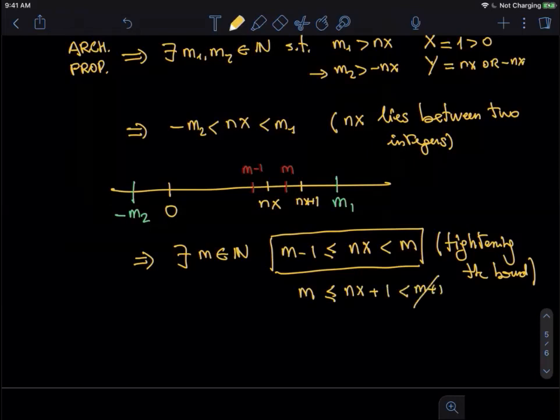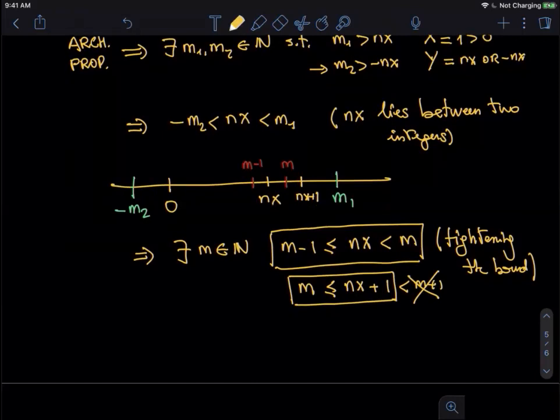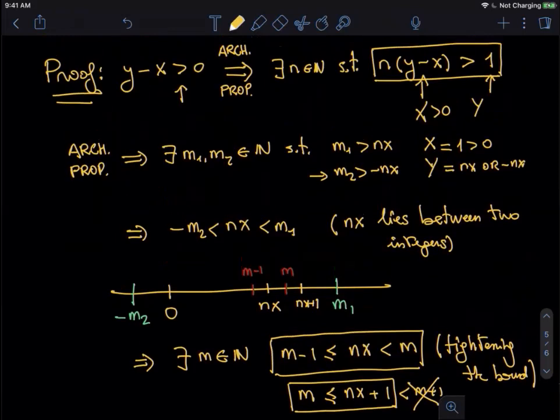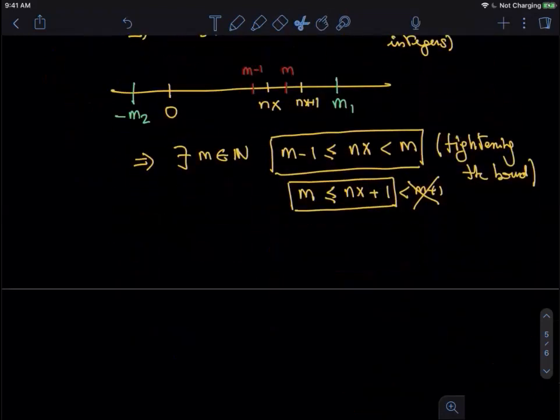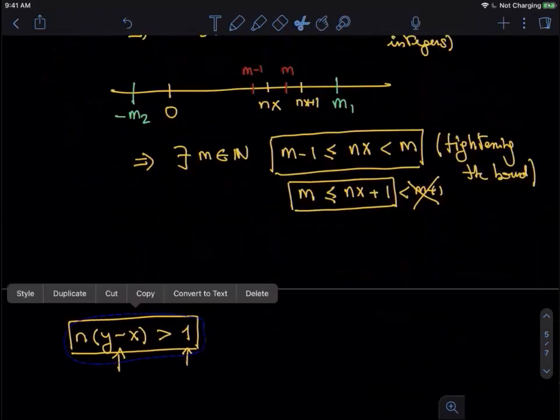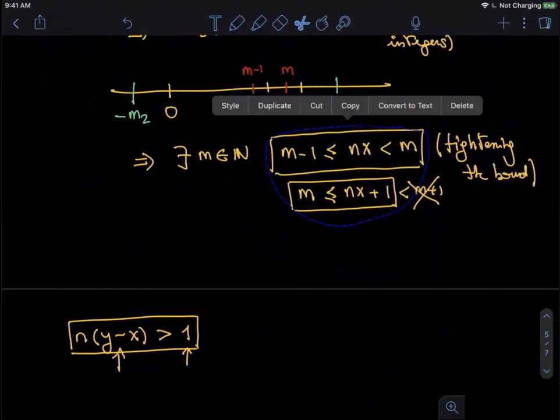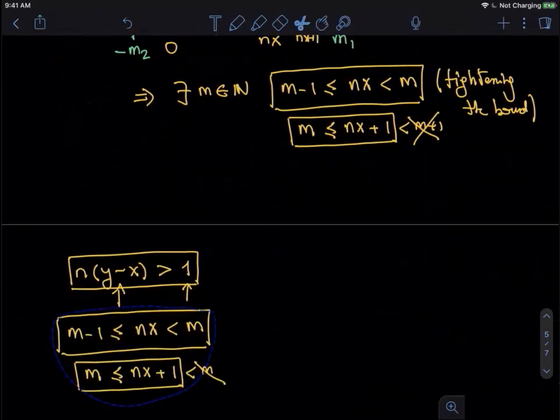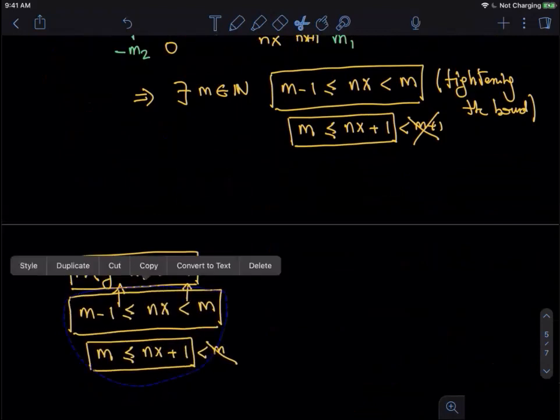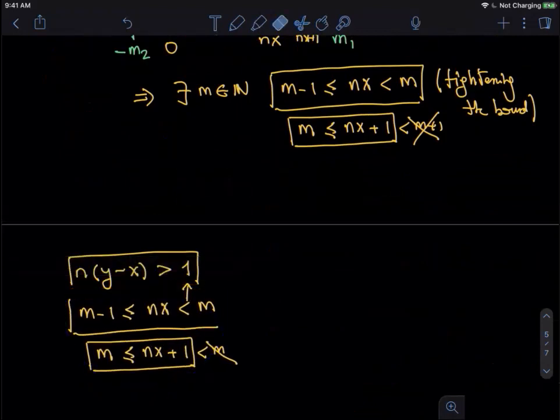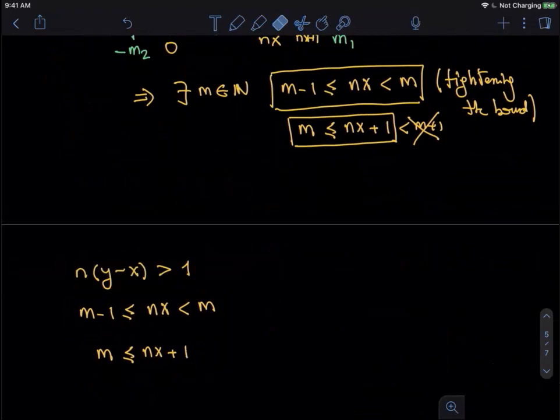We don't care about the other part. This is what we want. And now we look at everything that we have so far. Let me copy. Let's continue here.